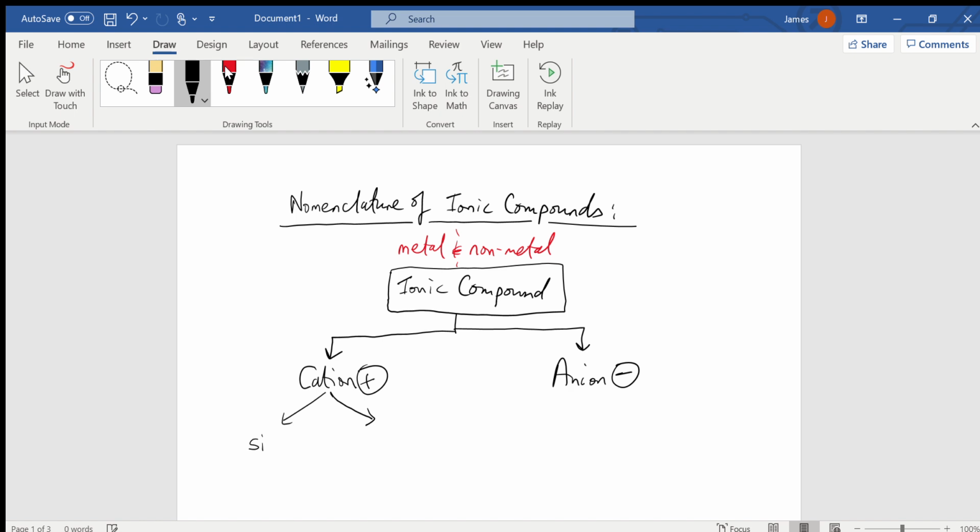No, I don't think that's right either. I'm going to say single type of charge. That's wordy, but I think it's what I want to say. As opposed to variable types of charge.